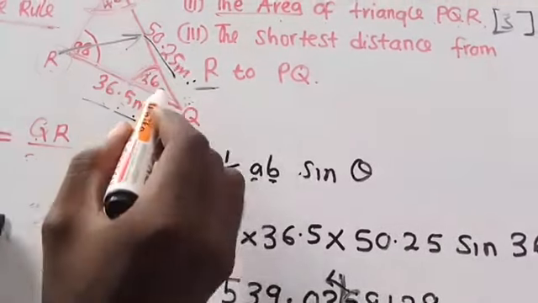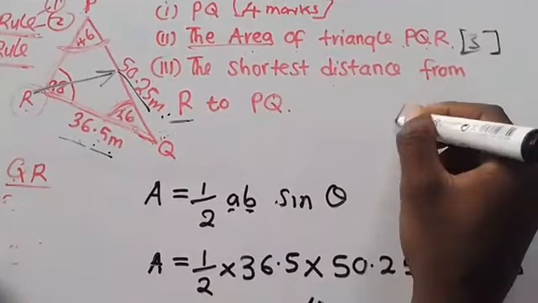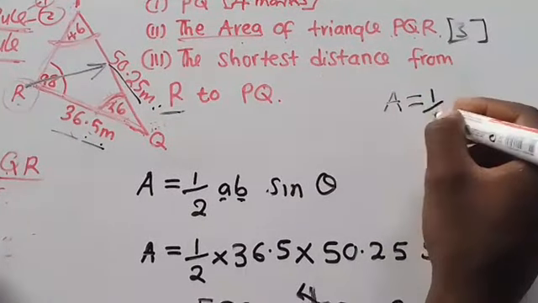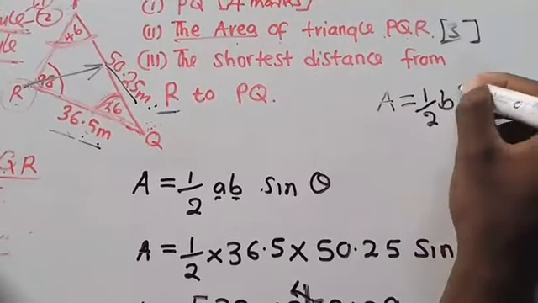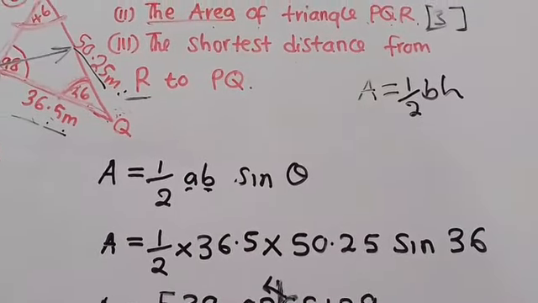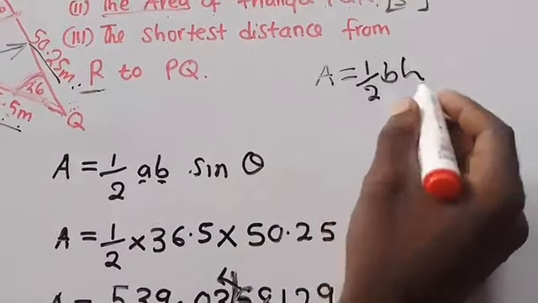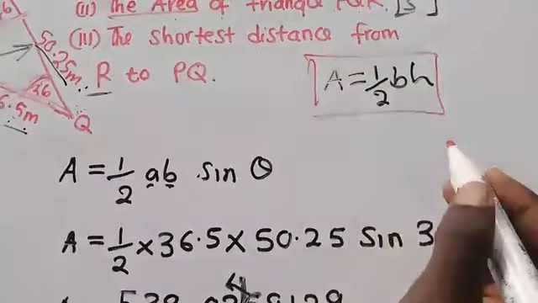You know that the formula for the shortest distance is area equals half b h. When you are asked to find the shortest distance, you can make things easy for yourself.